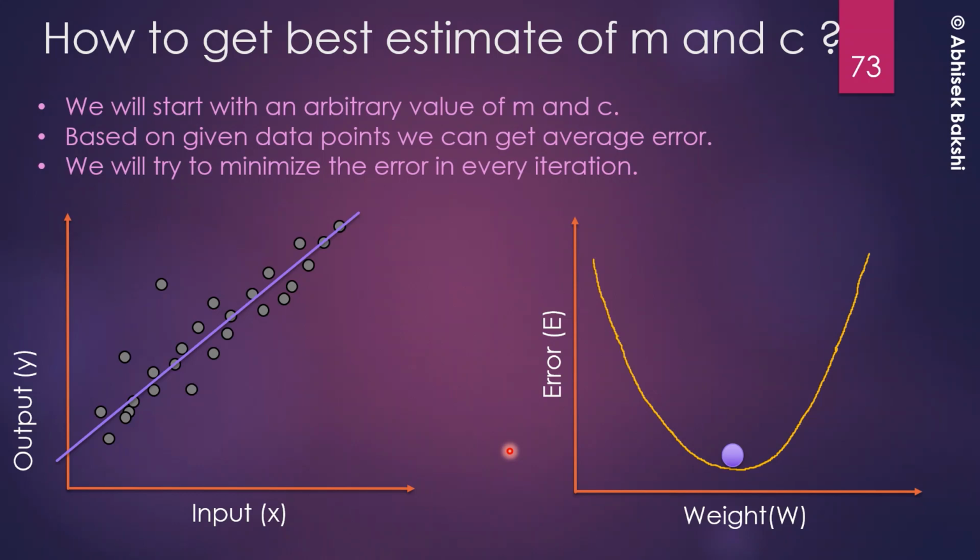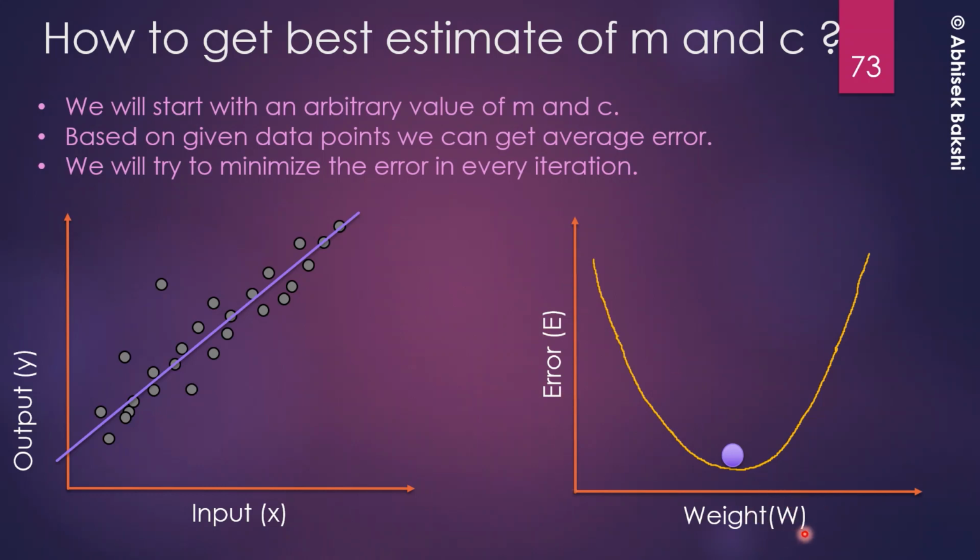That's the thing. But remember, you will ask why I started from this side. Why is this side present? The reason is that you don't know exactly whether the value of the weight will be on this side or this side. This W ranges from 0 to some value, and similarly the error ranges from 0 to some value.